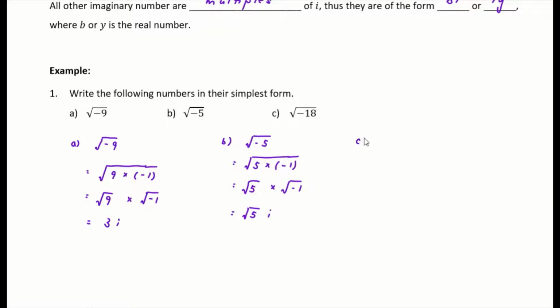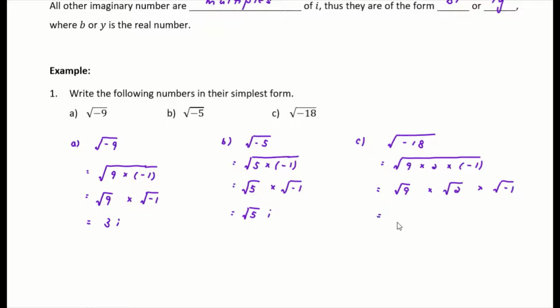Okay, so move on to C. Square root negative 18. When I try to do this, I'll check whether I can simplify 18 or not. So I can use 9 times 2, right? So it's going to be 9 times 2 times negative 1. So I have square root 9 multiplied by square root 2 multiplied by square root negative 1.